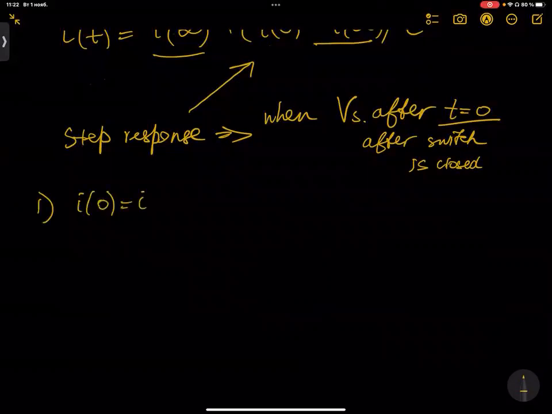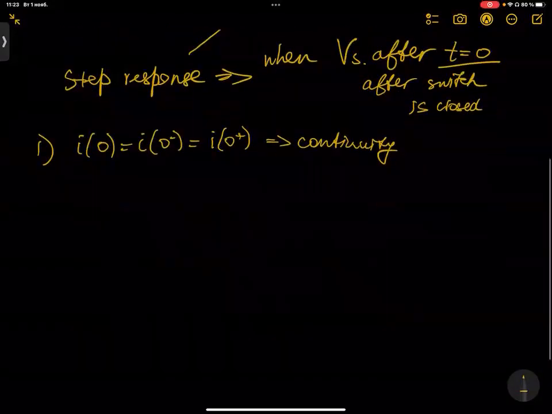I0 equals i of the inductor, because of continuity. Sorry for background noise. So I'm drawing before t equals 0.